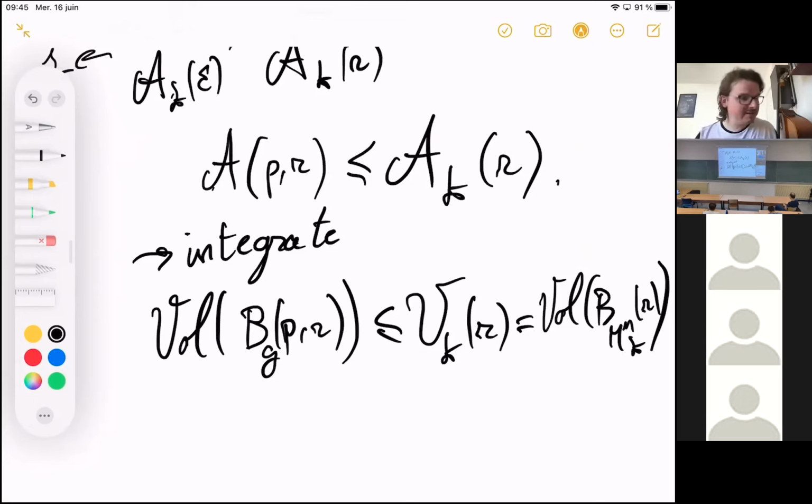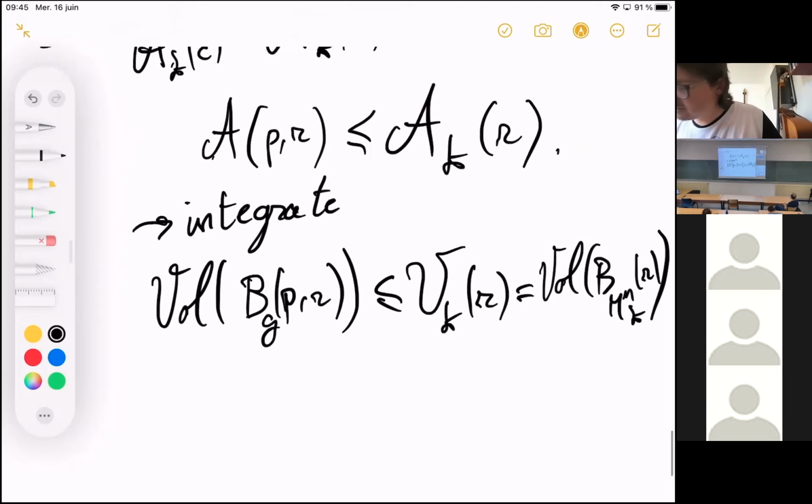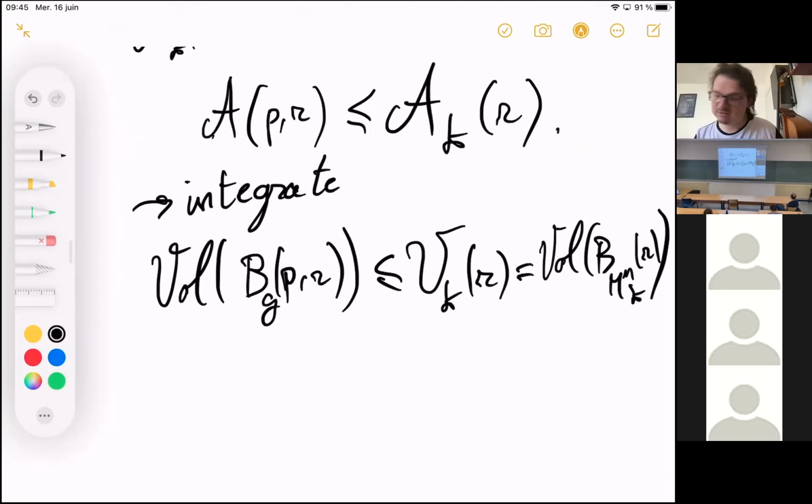What's more surprising is that you can also get lower bounds on volumes with a lower bound on the Ricci curvature and a bound on the diameter.